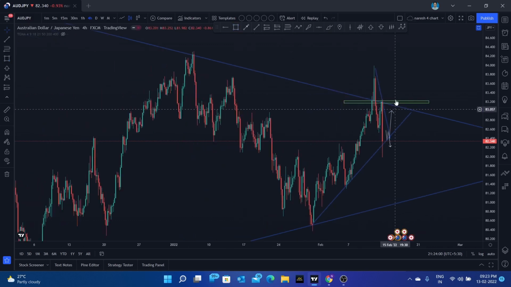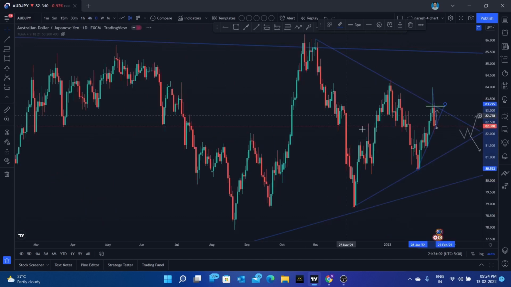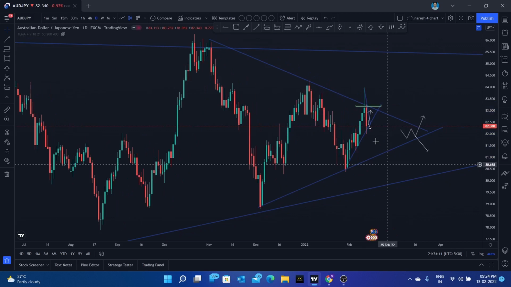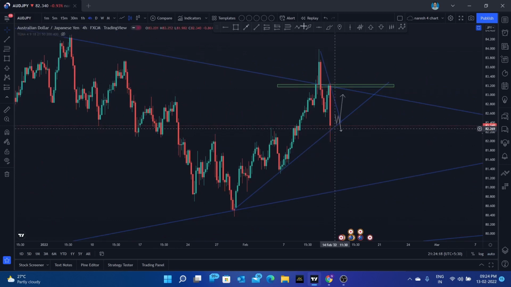If it is breaking this resistance area and holding this trend line, look for long entries in AUDJPY, guys. But I would advise you not to go for entries right now because it can become choppy as well. It can go up again here.